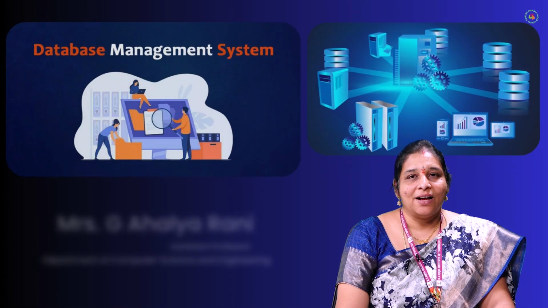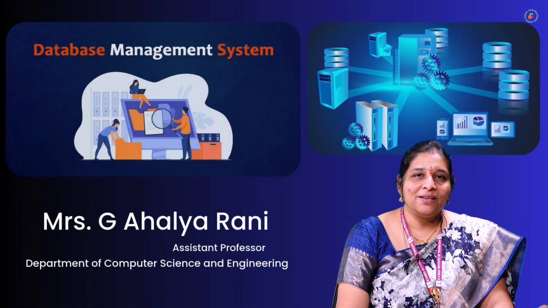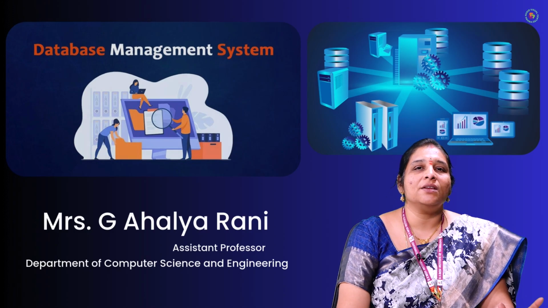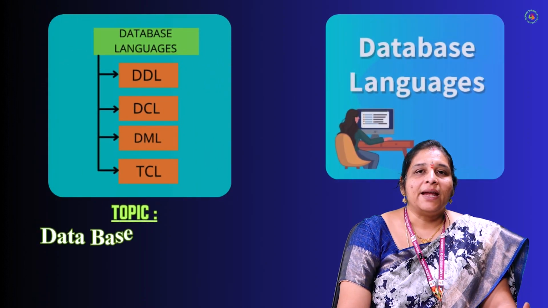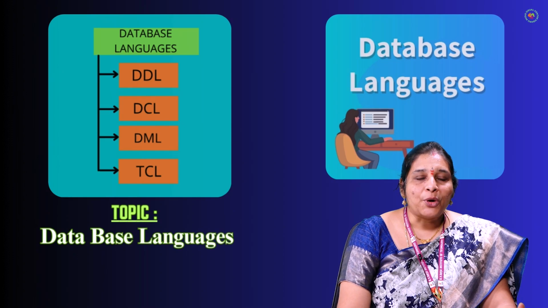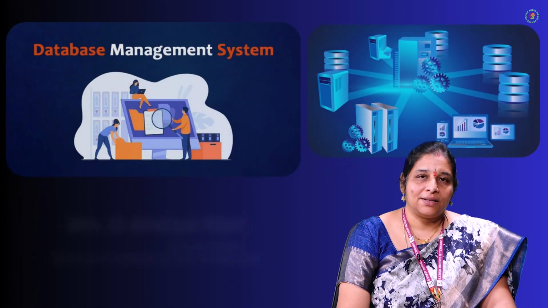With this, we come to the end of the session. Before concluding, once again let us recall what we have seen in today's discussion. First we started with database languages, DDL, data definition language, underneath which we have seen the 5 commands: create, drop, truncate, rename, alter.